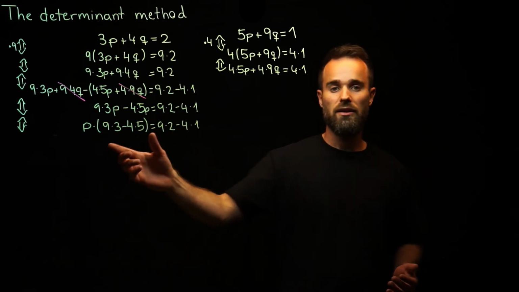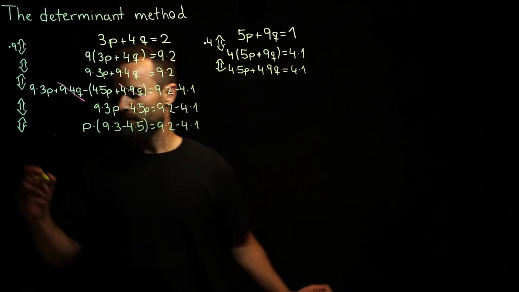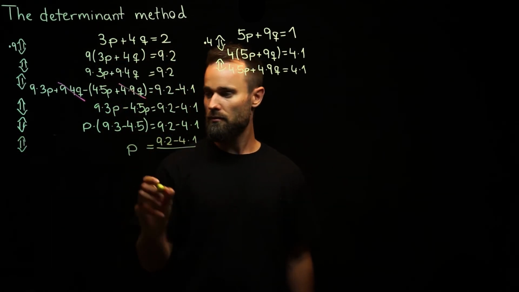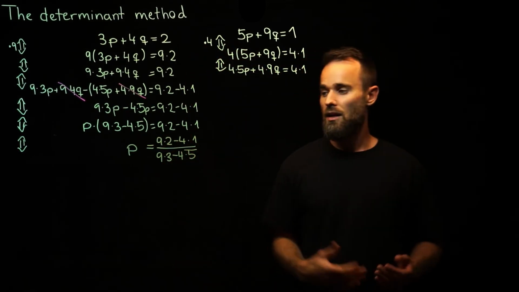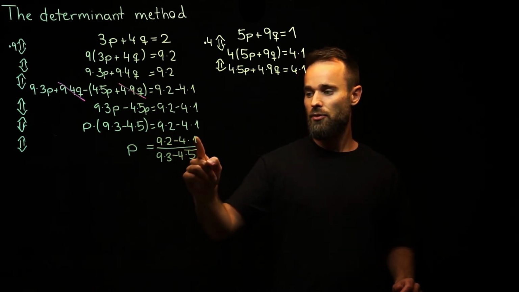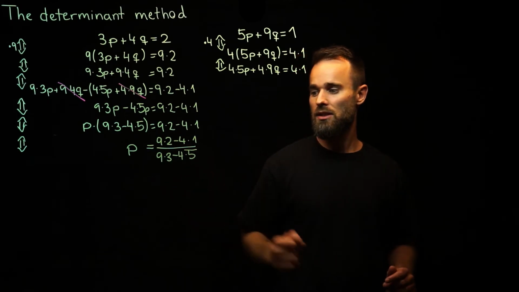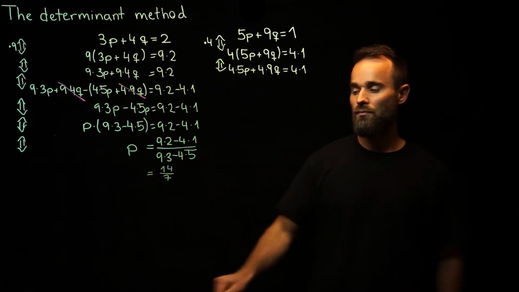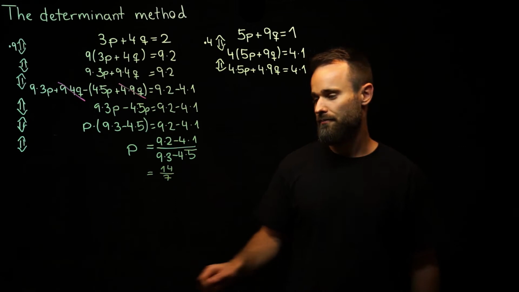Dividing by the parentheses on both sides isolates P. Let's finally calculate the value. 18 minus 4 is 14, and 27 minus 20 is 7. And 14 is divisible twice by 7.